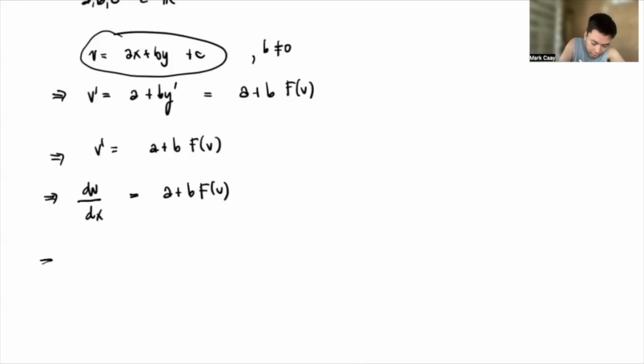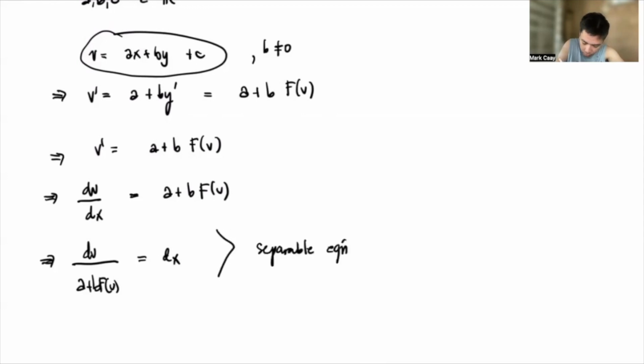And so, rearranging, I'd get dv over a plus b f of v equals dx. In this case, this is now a separable equation. So basically, what we do in that case is, given a nonlinear differential equation, we reduce it into a separable equation.